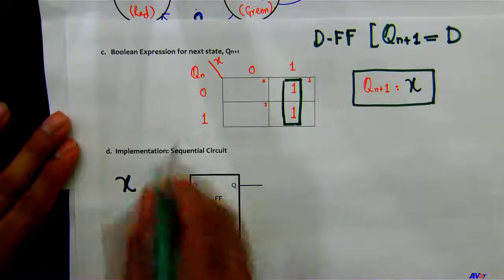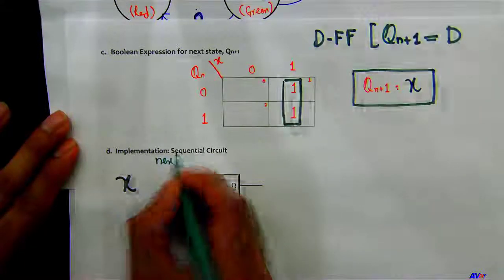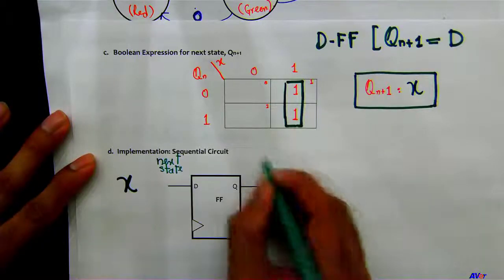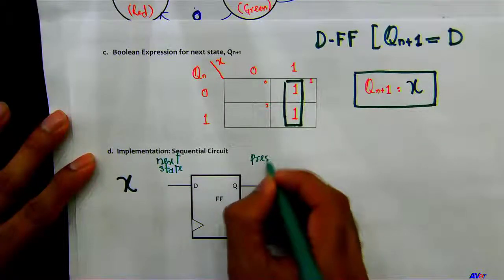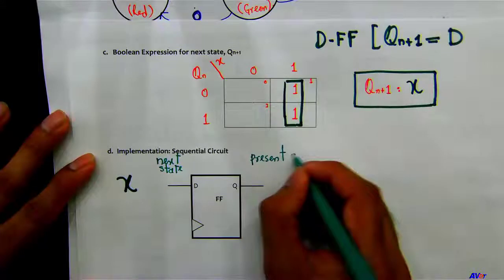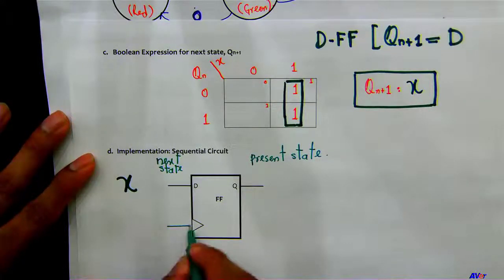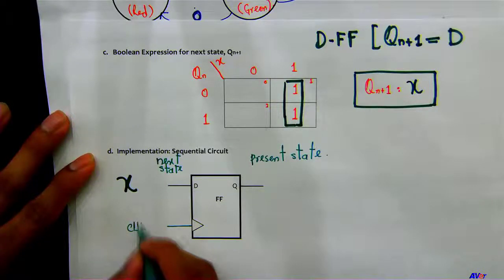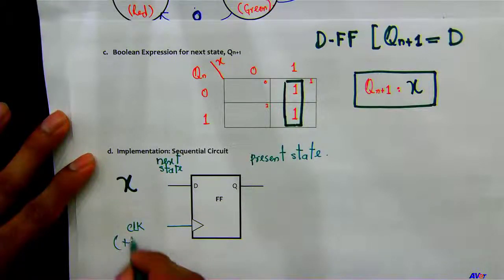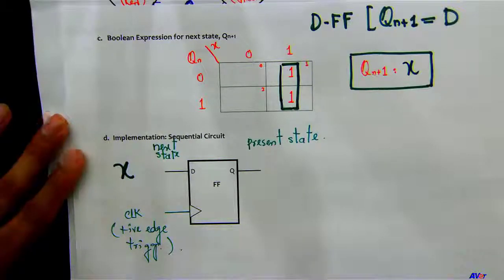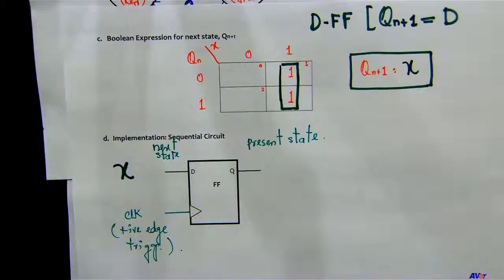Remember, this is your next state, and this is your present state. Okay, this is going to be your clock. Looks like it's positive edge triggered.